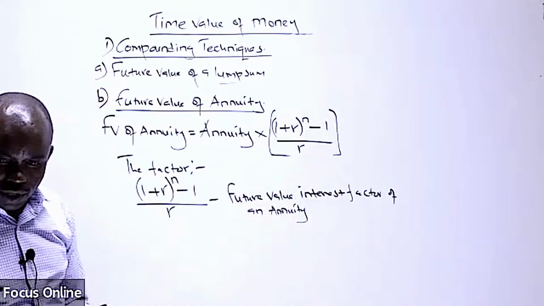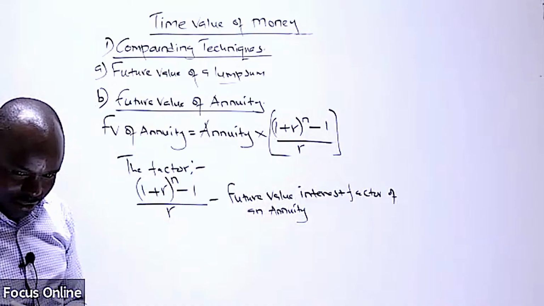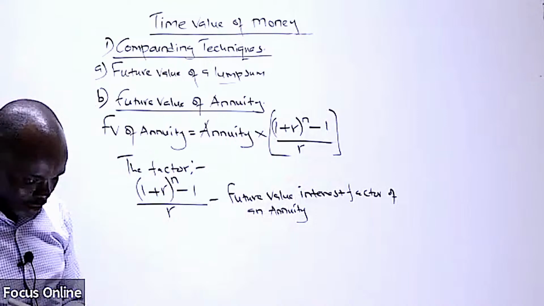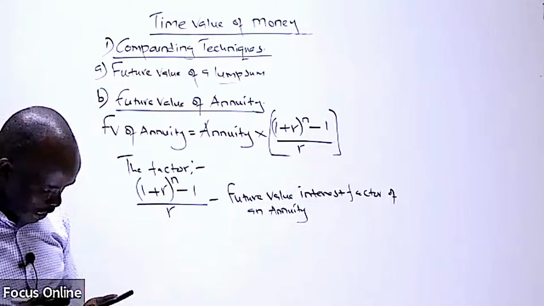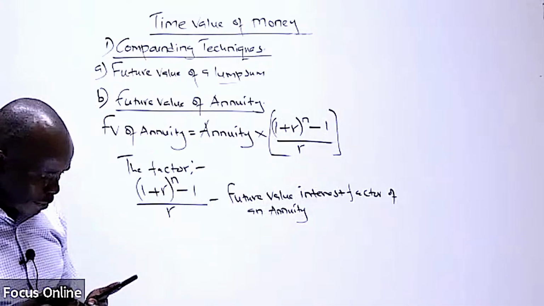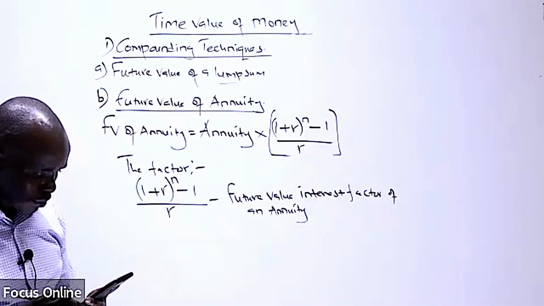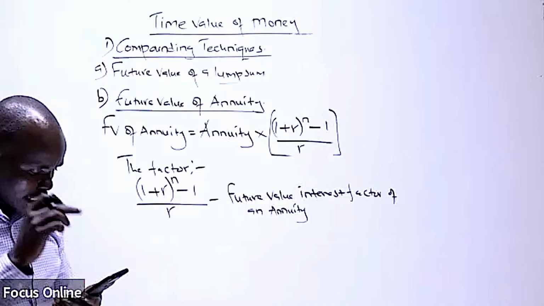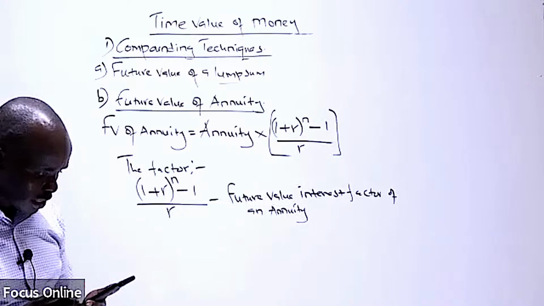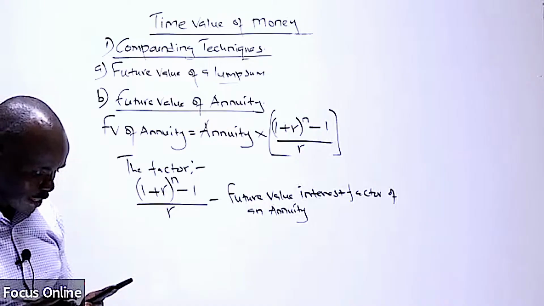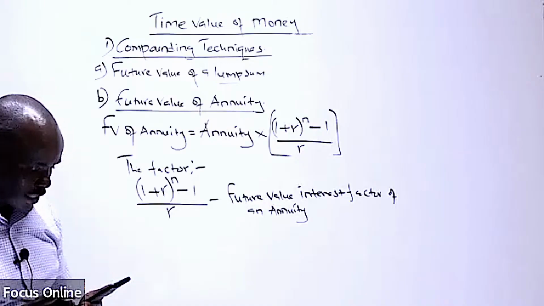Let's have an illustration. From the above example, there is a statement. What is the value of shillings 100,000 investment annually at the beginning of each of the next 5 years at an interest of 12%?